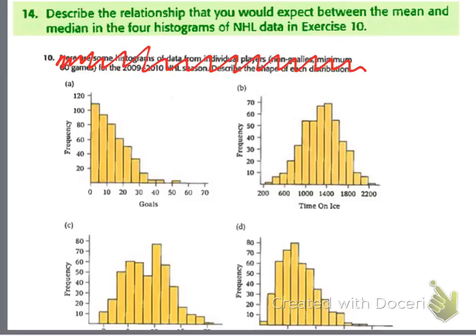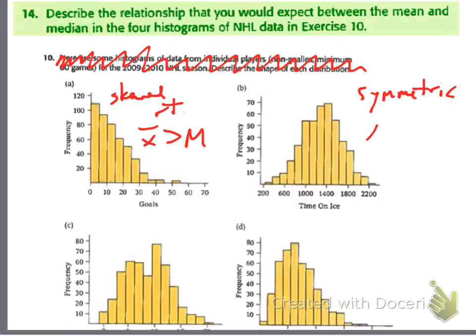Well, which is this? This is skewed right. So that means that X bar is going to be greater than the median. This is roughly symmetric. So X bar and the median are about the same.